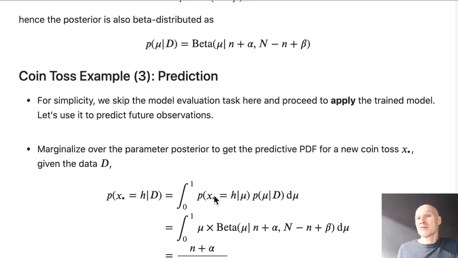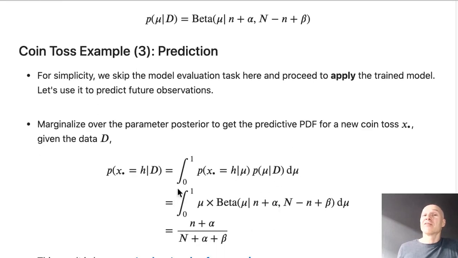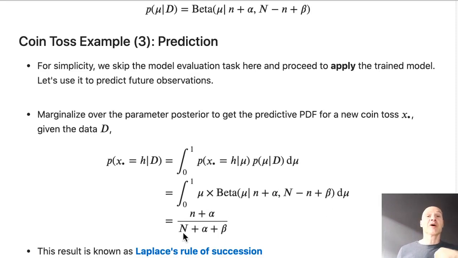So we fill in here the Bernoulli distribution and this posterior, which was the beta. You can look up or find on the internet how to compute that, but this has an analytical solution: n plus alpha, the number of throws of heads plus alpha, divided by the total number of throws plus alpha plus beta.